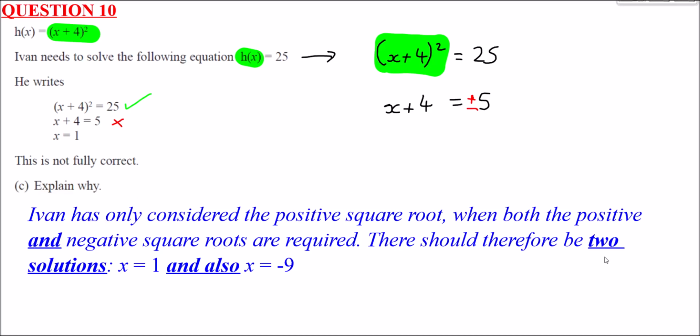There should therefore be 2 solutions, not just one. So x equals 1, which he's got, that's correct, but also x equals negative 9. So if x plus 4 were to equal negative 5, x would be minus 5 minus another 4, which would be minus 9. So those are the roots, and that's a possible explanation. So something along those lines would pick you up the marks for 10 part C.